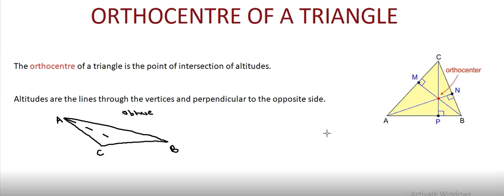So how can we draw a perpendicular line from A to the opposite side? I am extending this side BC here. Now draw a perpendicular line from A to this line.